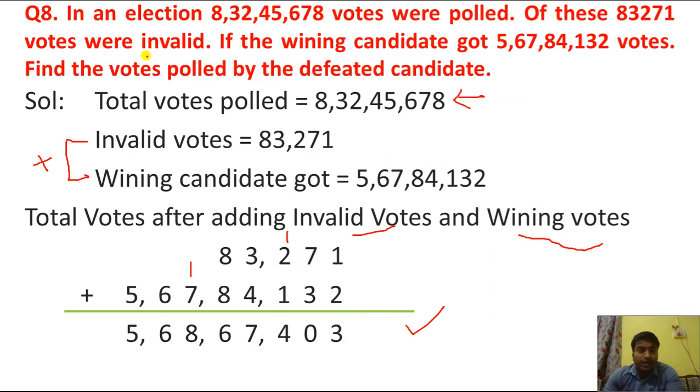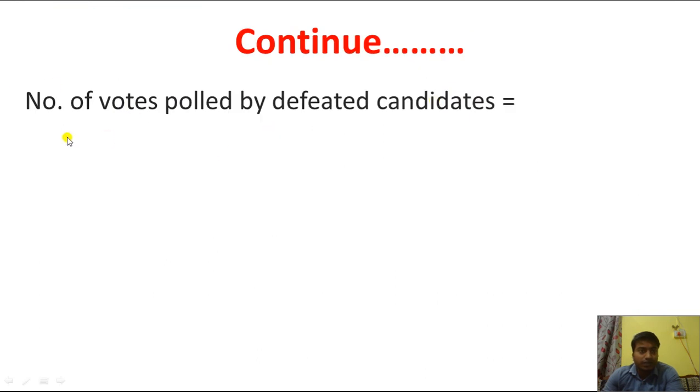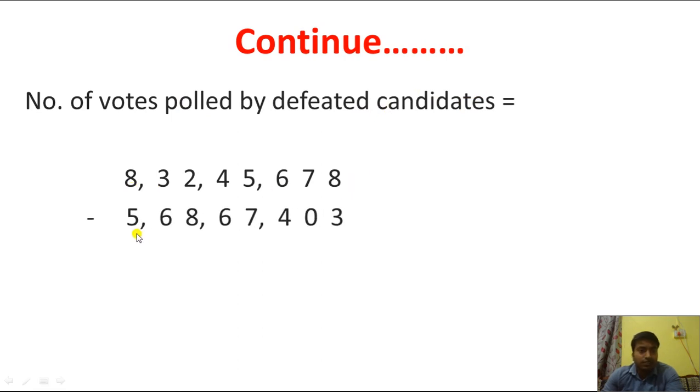Okay, to find defeated candidates' votes. Now here you can see the number of votes polled by defeated candidates is equal to total votes minus the total votes after adding invalid votes and winning votes.